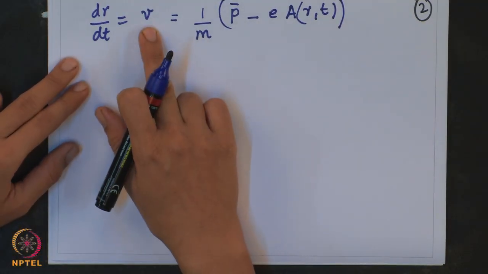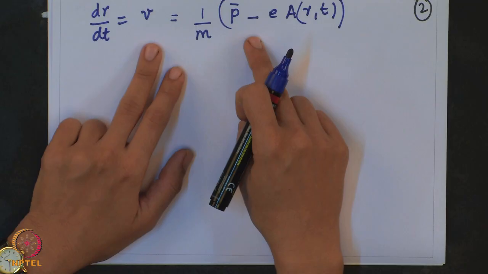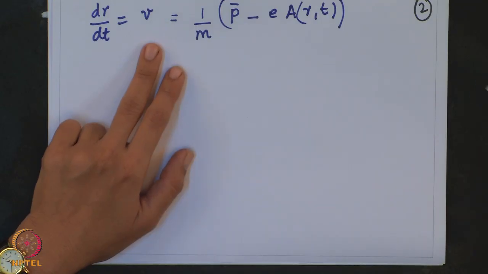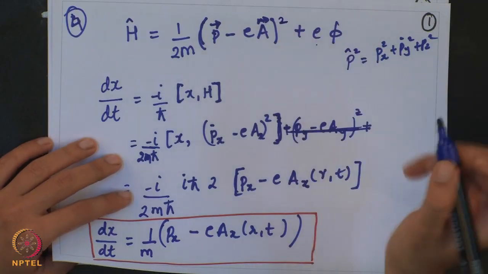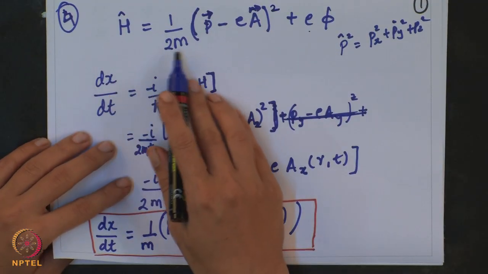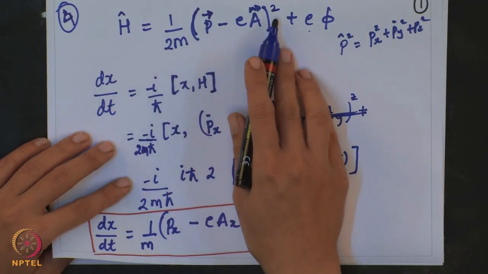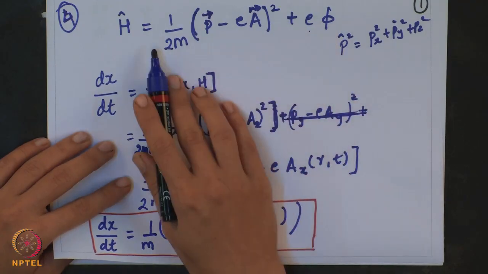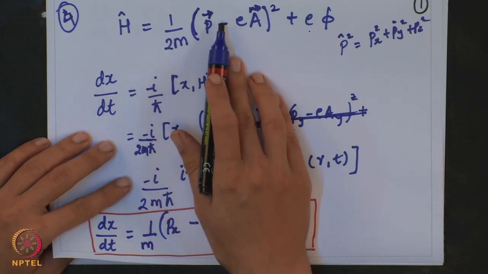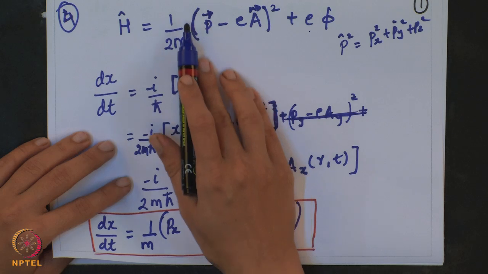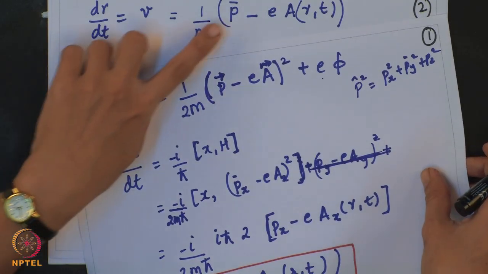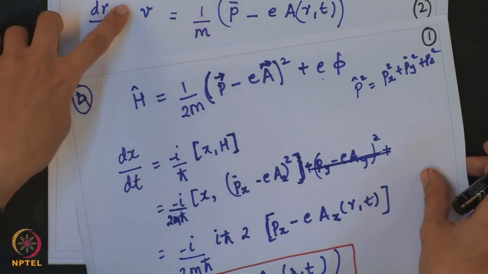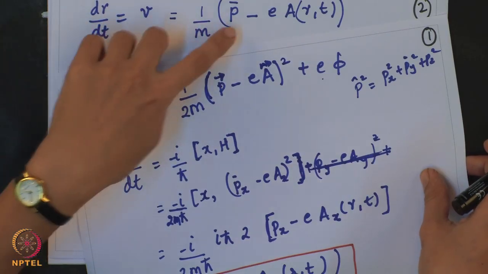Now, in terms of velocity you can rewrite the Hamiltonian. Your Hamiltonian was 1 by 2m (p minus EA) square plus E phi, with a square which I missed earlier. This I can rewrite in terms of V square: there will be an m square coming from here, so p minus EA becomes mV.